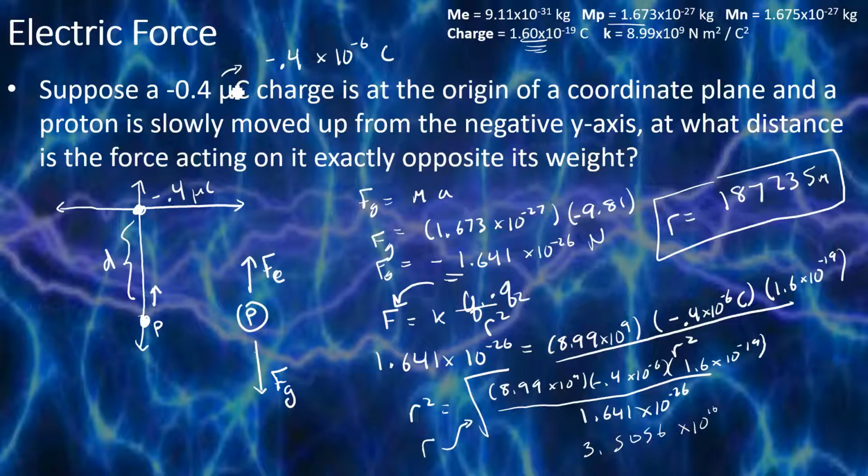If we wanted to make this more realistic, instead of this microcoulomb, if we made it a nanocoulomb, this problem would tend to work out much better, and we would have this distance being much smaller. And what is a nanocoulomb? Well, a nanocoulomb equals 10 to the negative 9th coulombs, which moves this all down significantly. In any case, that is how we will be applying force to charges.